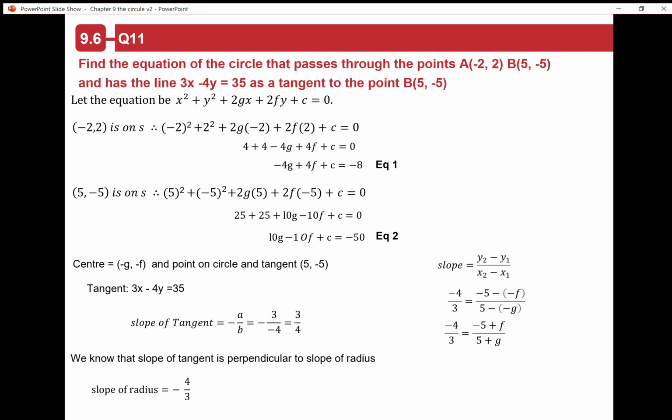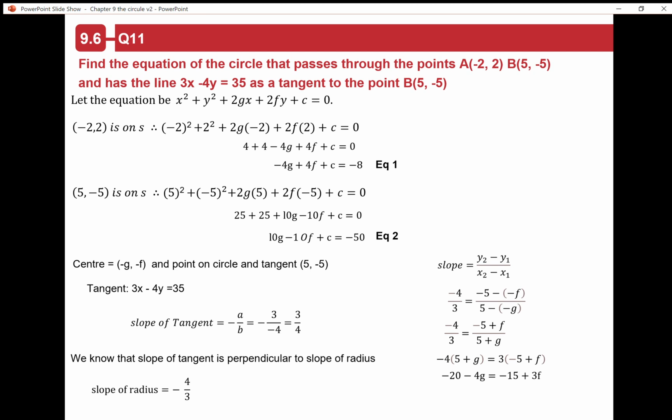Let's cross multiply to get rid of our fraction. And we're left with minus 4 times 5 plus g equals 3 times minus 5 plus f. Expanding our brackets, we're left with minus 20 minus 4g equals minus 15 plus 3f.